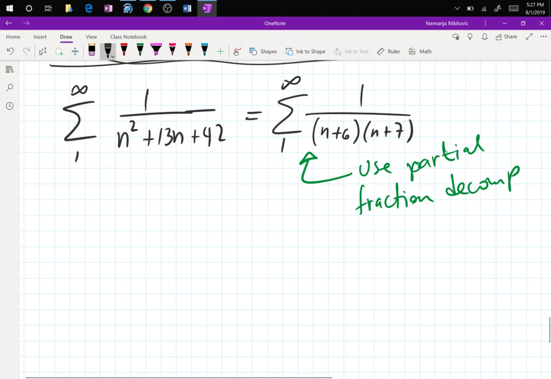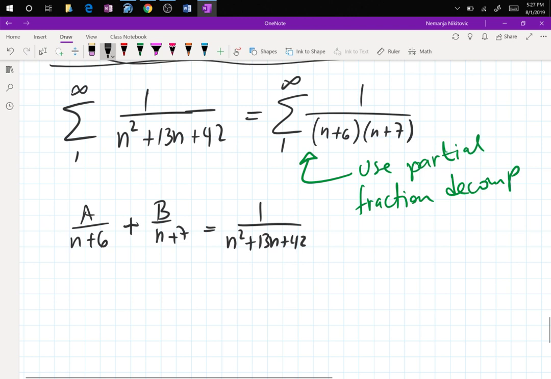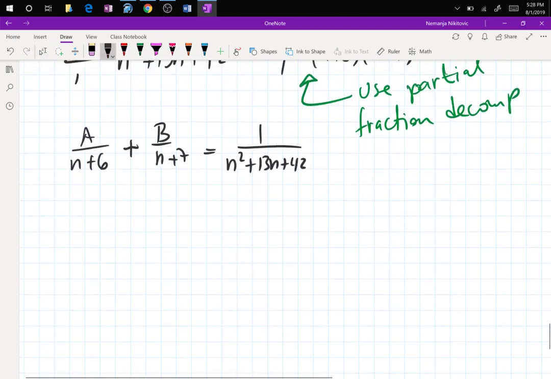All right, so I have a over n plus 6 plus b over n plus 7 to be 1 over n squared plus 13n plus 42. Cross multiply on the left, we have an plus 7a plus bn plus 6b equals to 1, because denominators at that point cancel.